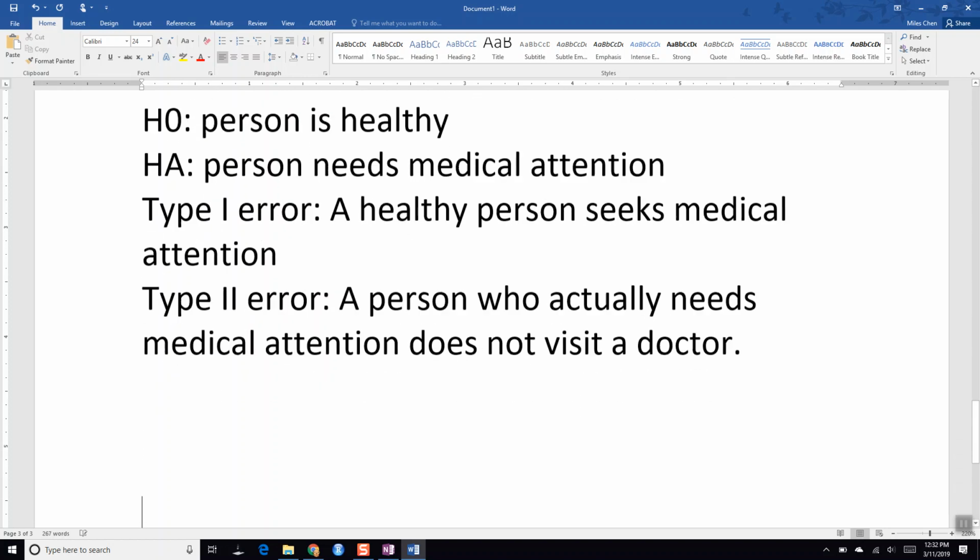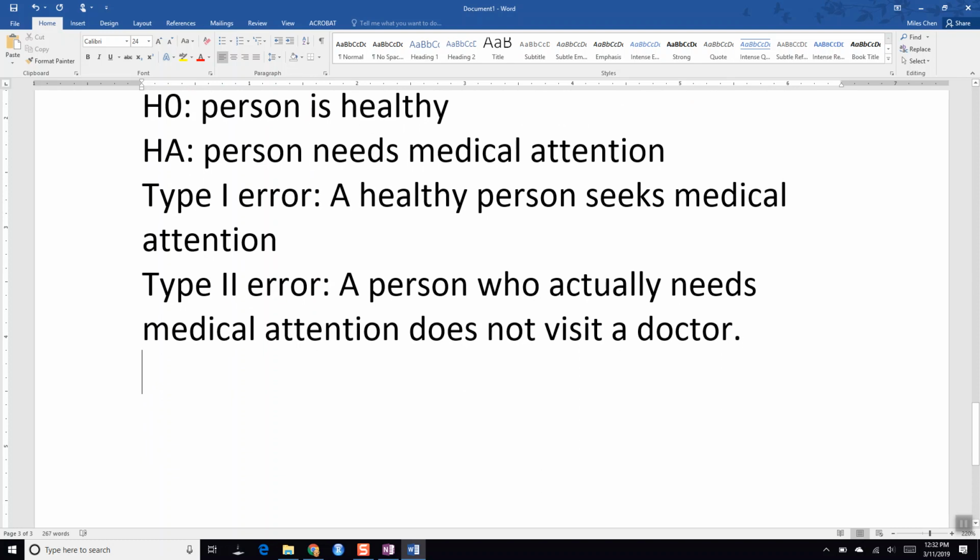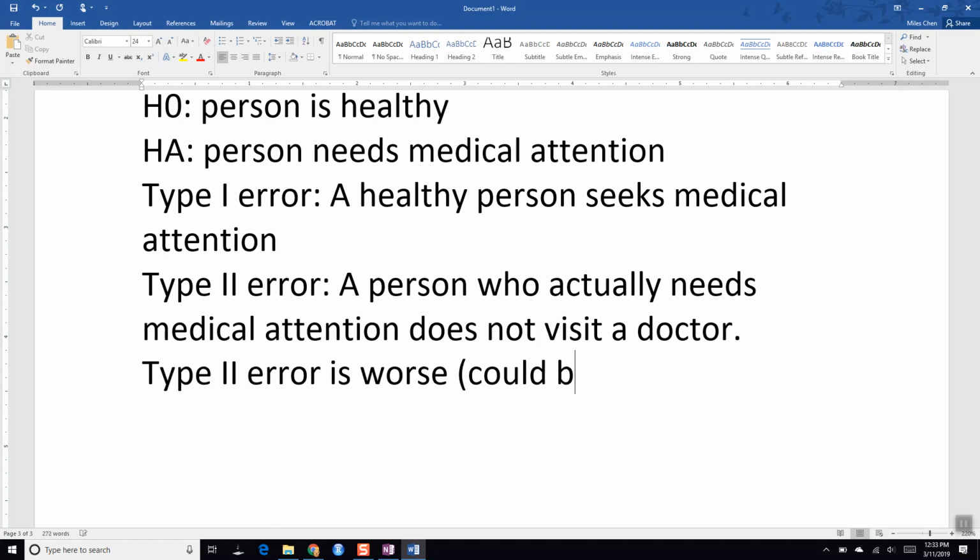And both are bad, right? Type 1 error places undue burden on our healthcare system, wasting doctors' time. But type 2 error, what's the consequence of that? The person could get really sick and eventually die, right? And so we would say the type 2 error is worse, right? Could be fatal.